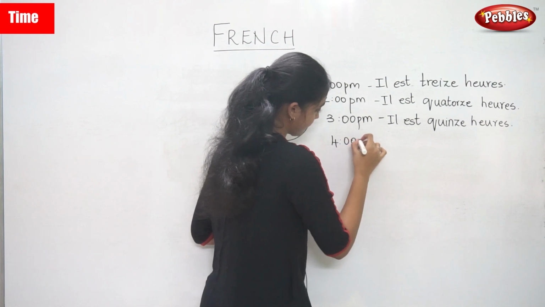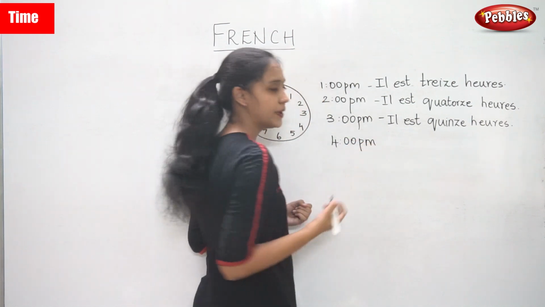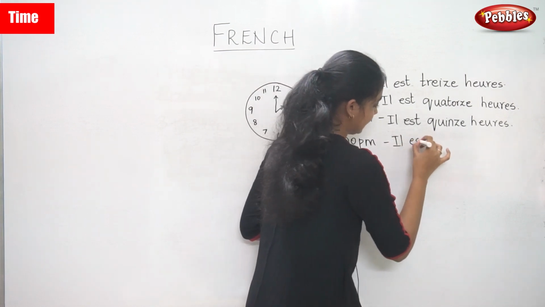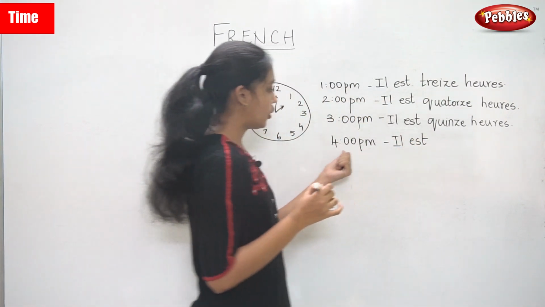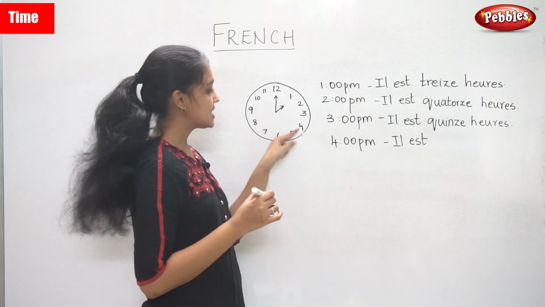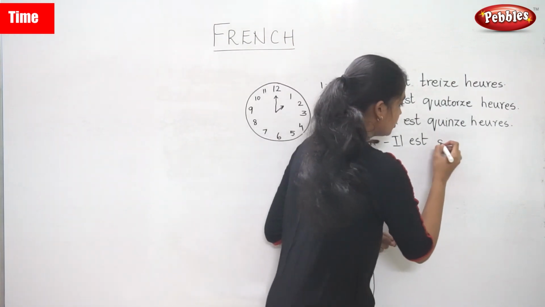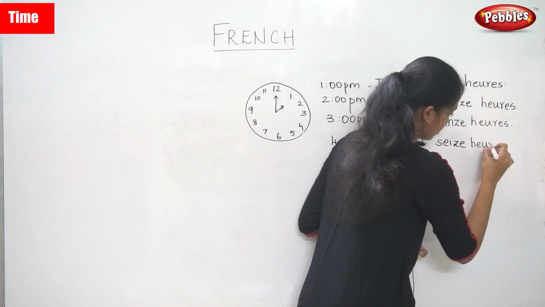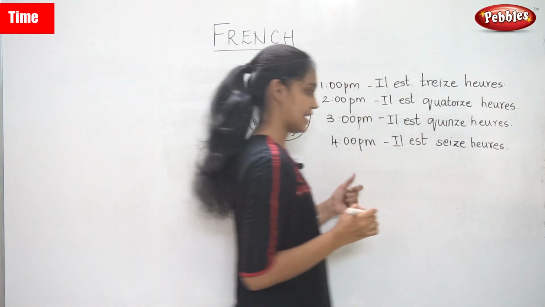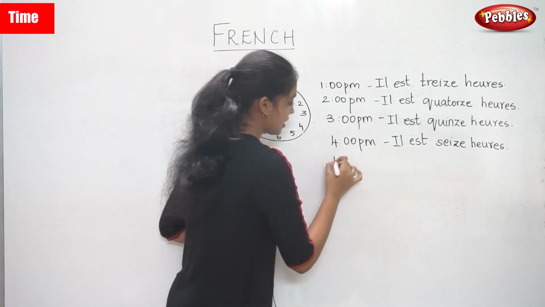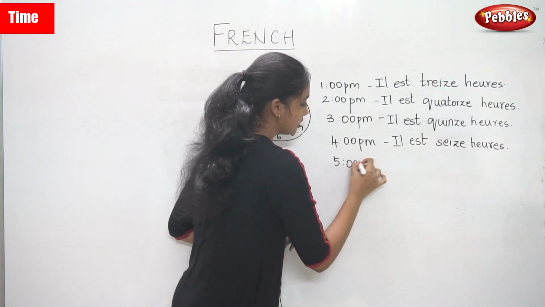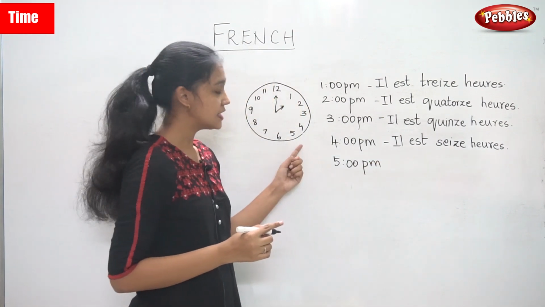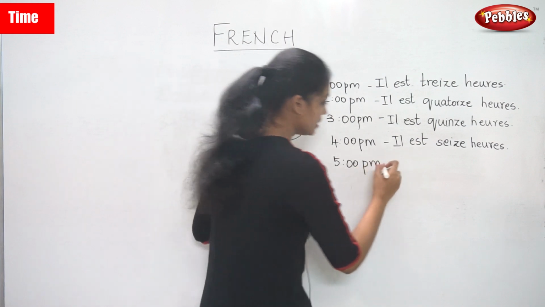Next, 4 p.m. Yes, you must have guessed it is il est. So 4 p.m. will be 16 hours. So 16. Next, 5 p.m. would be 17 hours.